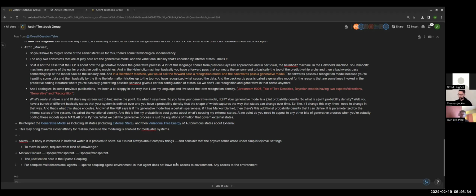It's not direct, but it's a kind of indirect causal influence on the internal states of the agent.